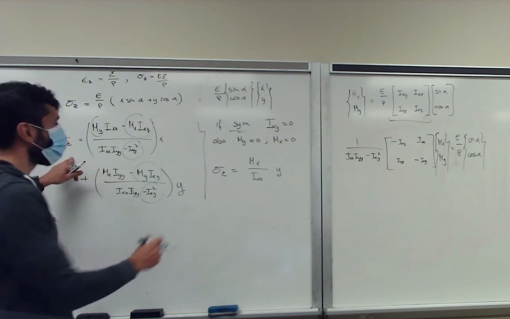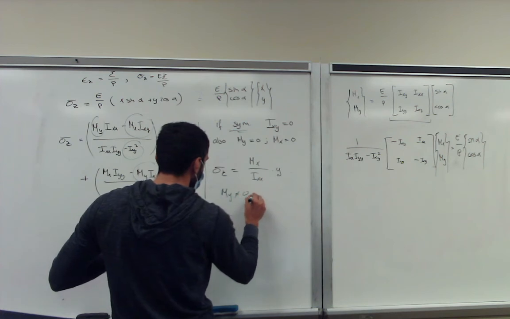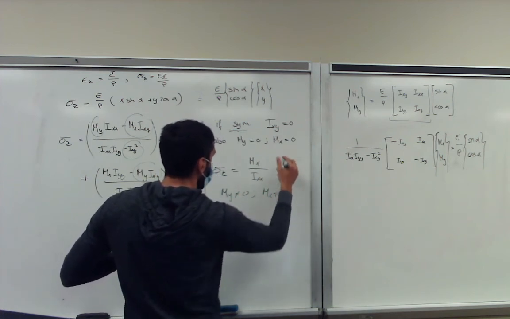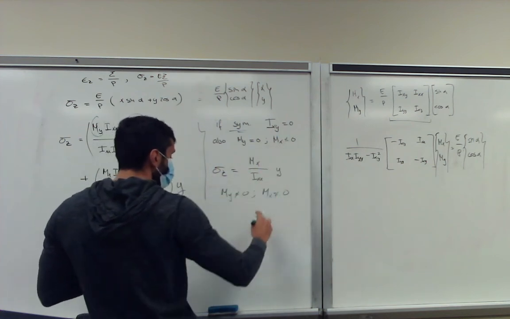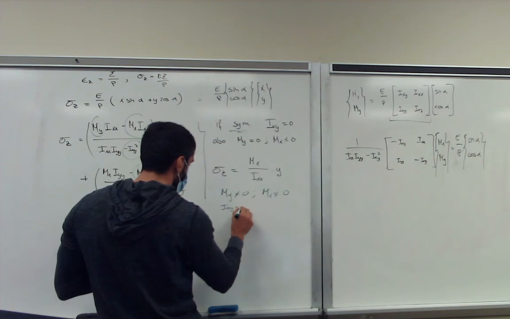Similarly, let's assume that My is also not equal to 0 and Mx is not equal to 0, but still symmetric, so Ixy is equal to 0.